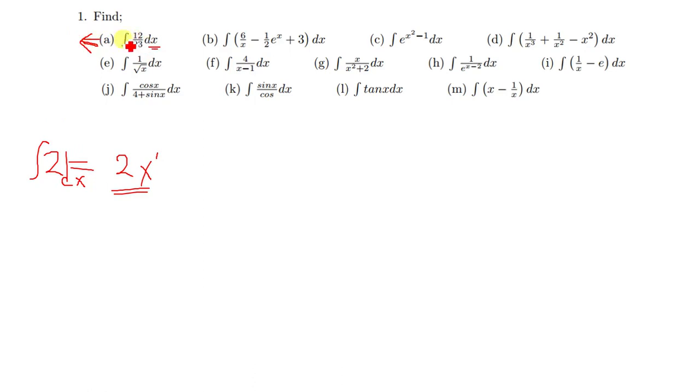The integral of 12 over 23 would just be 12 over 23, and then you introduce the x there, and of course don't forget to add your constant c. Even here we're supposed to add the constant c. So let us proceed to the next question.